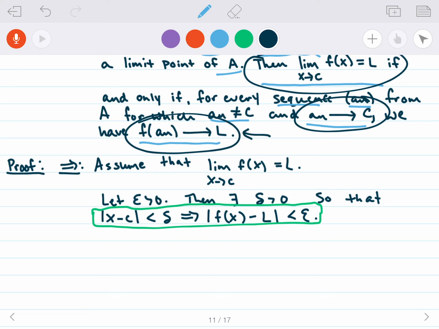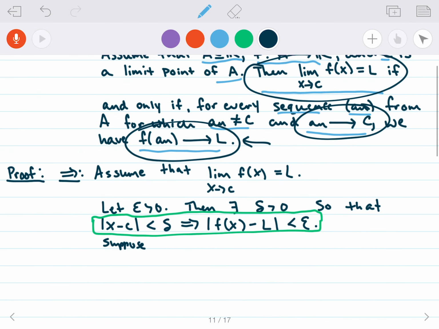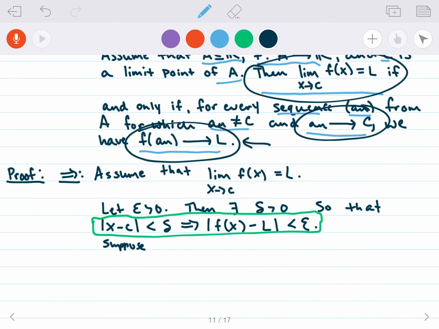So suppose, let's see, oh, I'm looking at my notes. I think I have a typo. In the notes it says since a_n converges to 0, it should say a_n converges to c. Sorry about that. So suppose a_n converges to c.